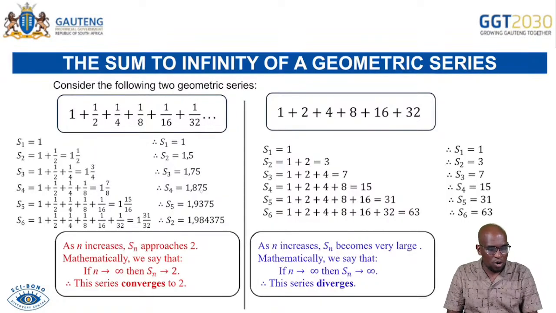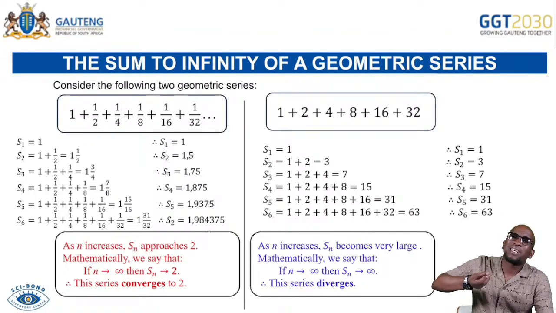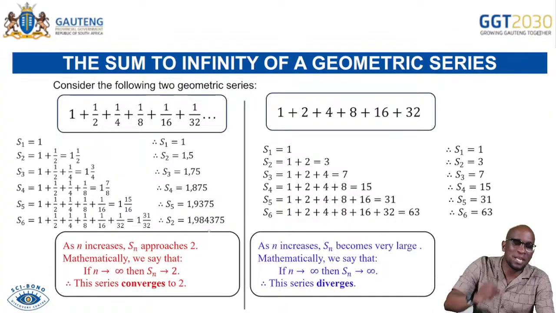S sub 4, now they no longer grow as much. It's 1.875. S sub 5, 1.9375. S sub 6, 1.98. You see now, it grows minimally. As you increase the number of terms that you are adding, the growth minimizes. The growth now is minimal.